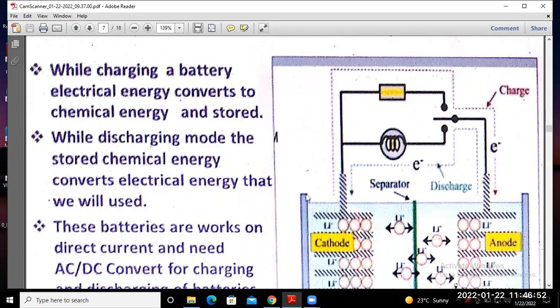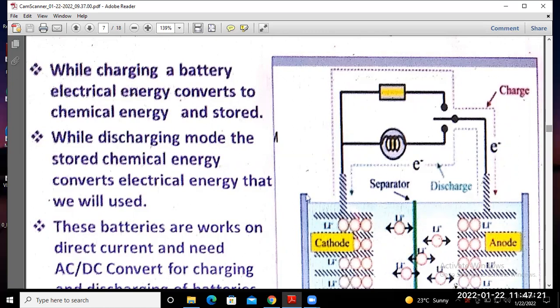During charging, the electrons flow in this direction, separated by the electrolyte, anode and cathode.